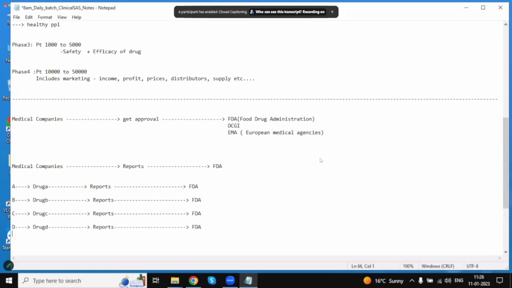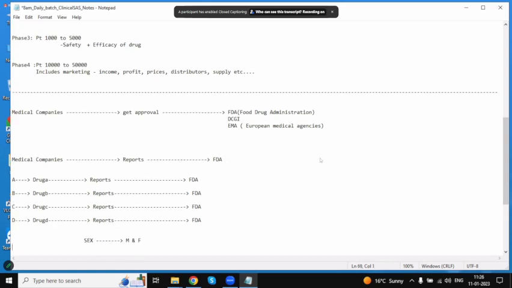See, format is nothing but very simple. For example, there is a sex variable. For the sex variable information, Company A prepares it like male and female. Company B also prepares male and female. The meaning will be the same only.